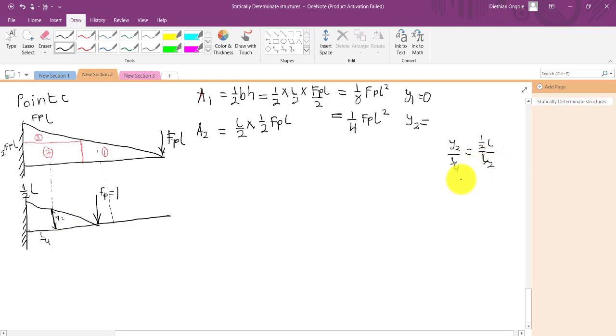So this gives me y2 is equal to L over 4. So that means our y2 here would be 1 over 4 of L.